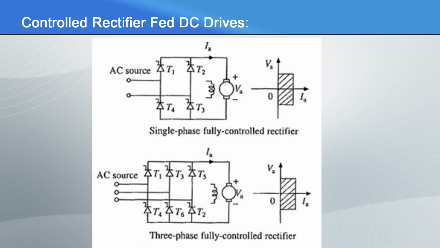The rectifier shown in the figure provides control of DC voltage in either direction and therefore allows motor control in quadrant 1 and quadrant 4 respectively. They are known as fully controlled rectifiers. For low power applications up to around 10 kilowatt, single phase rectifier drives are generally employed. For high power applications, 3-phase rectifier drives are used.